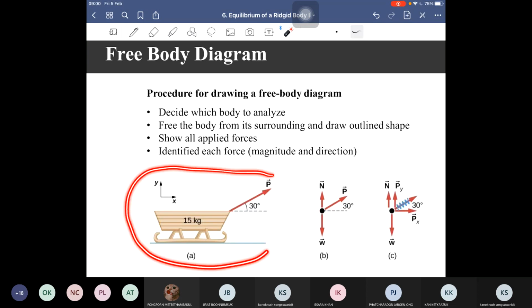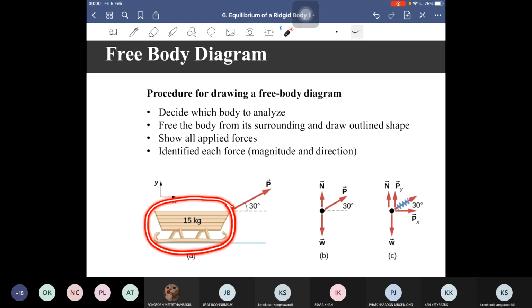For example, in figure A, we want to consider this slider. So let's assume this body is a rigid body. Okay, make it smaller, or make it as a point.